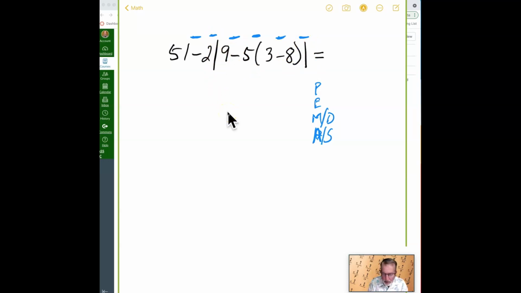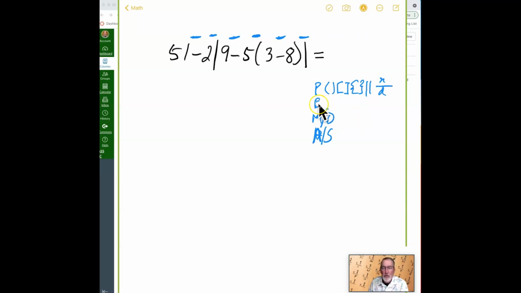So parentheses includes parentheses, hard brackets, curly brackets, absolute value brackets, and also the line between the numerator and the denominator in a fraction. So those are all places where you want to do all the math first within those boundaries before you move on.